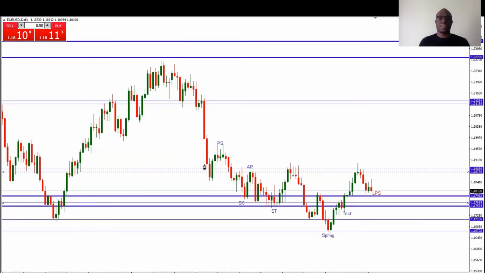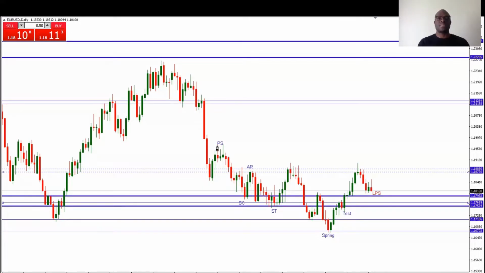On the daily chart, we can notice that this is the Wyckoff schematics, right? I've been plotting. Obviously I'm not expecting you to come up with the same thing as I have done, and also our identification basis may differ. It doesn't have to be textbook.